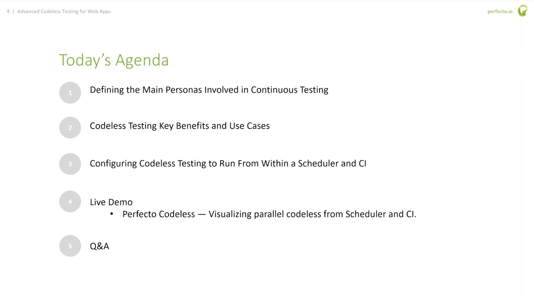We're going to talk a bit about the personas and some of the benefits to the entire continuous testing personas that are using Codeless when they do so. And then we're going to do an interesting technical demo showing how you can actually plug Codeless testing into your CI.